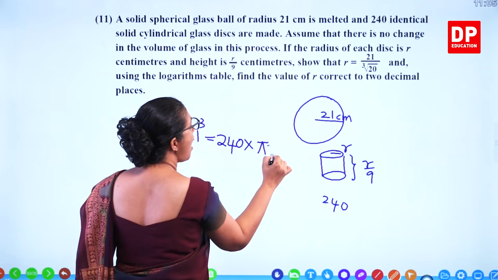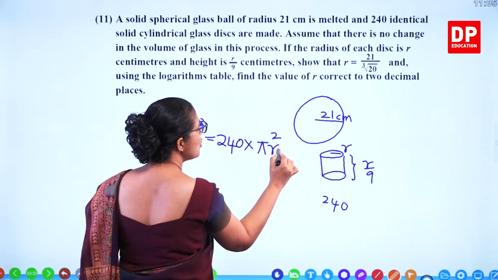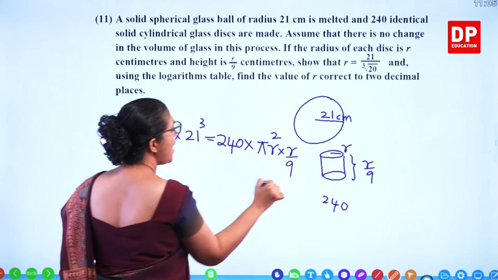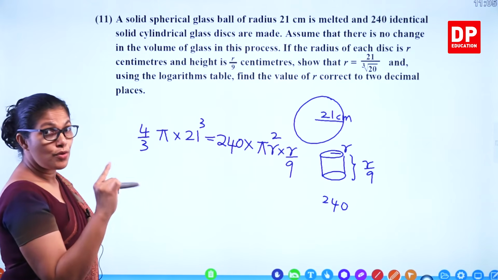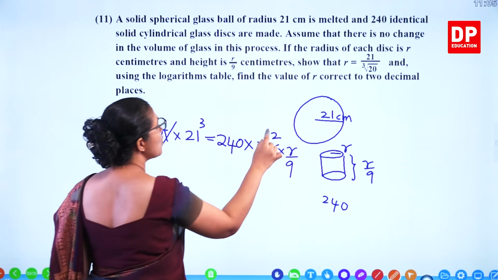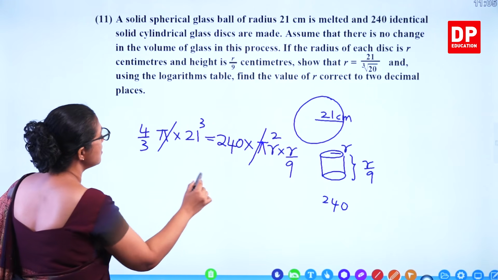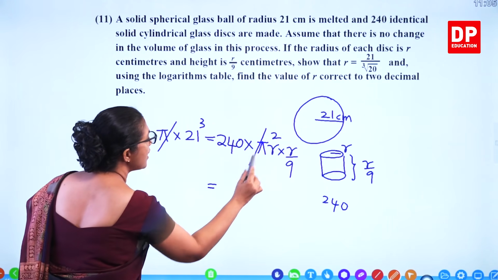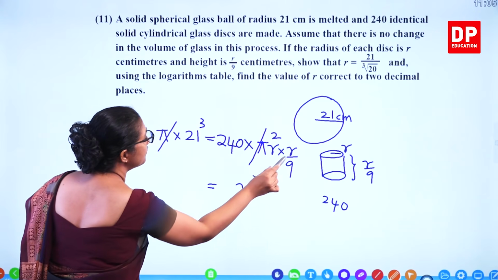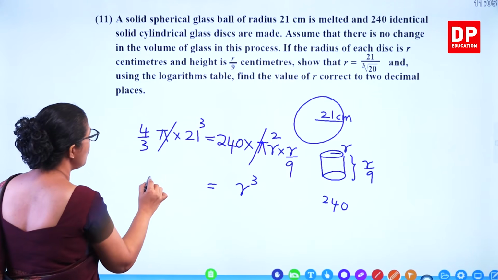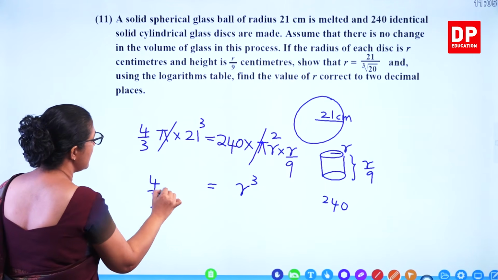Pi r squared h, and you have given h as r over 9. Now you can see pi get cancelled out. And then you can see r cube here is equal to 4 over 3.